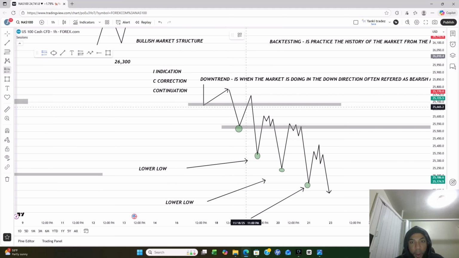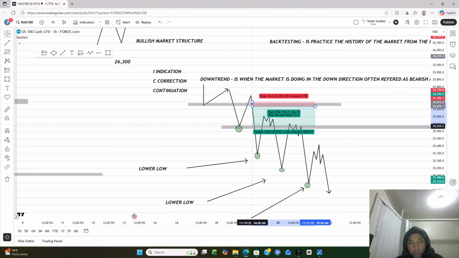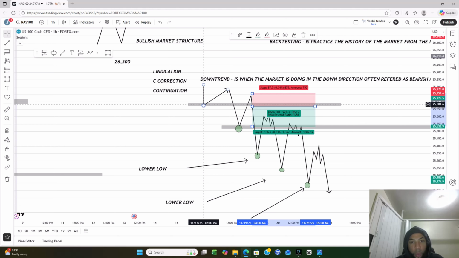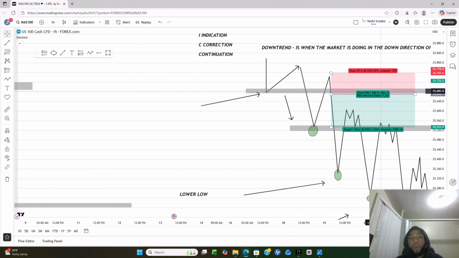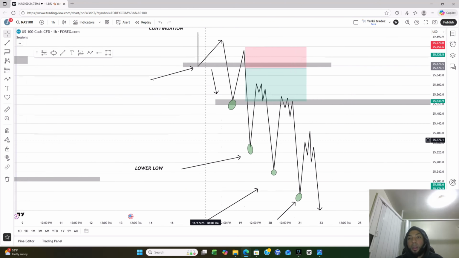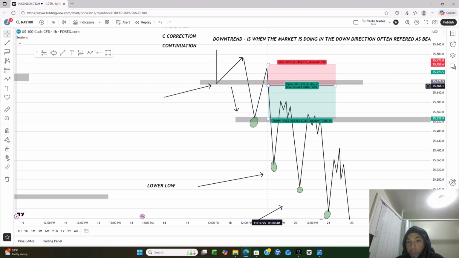We place our entry when it breaks below this swing low. Okay, when the price breaks below this swing low, that's when we know that the market can potentially go to the downside. I'm not saying that it's going 100% to the downside. Potentially, all right. We can get stopped out as well.